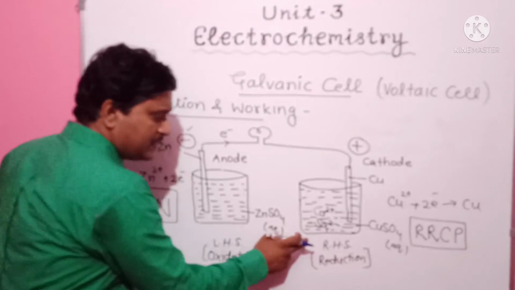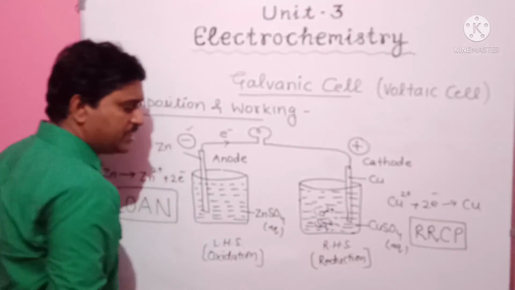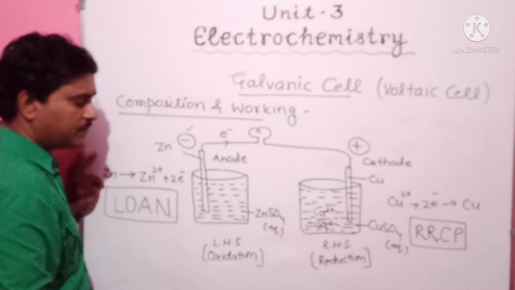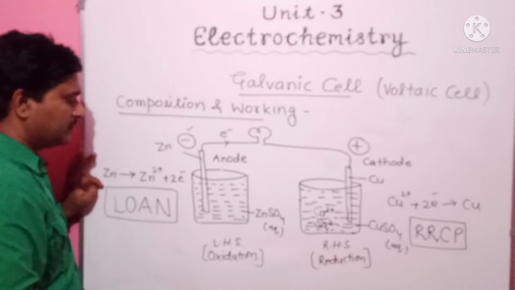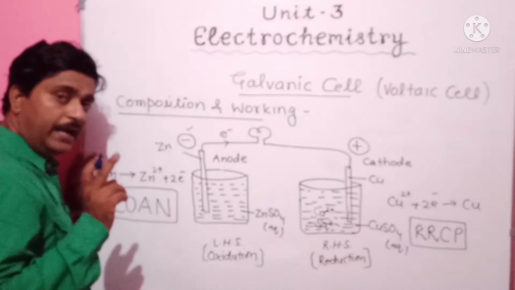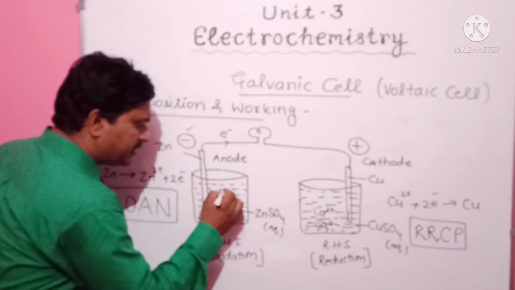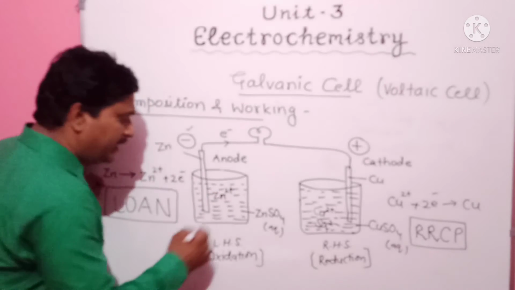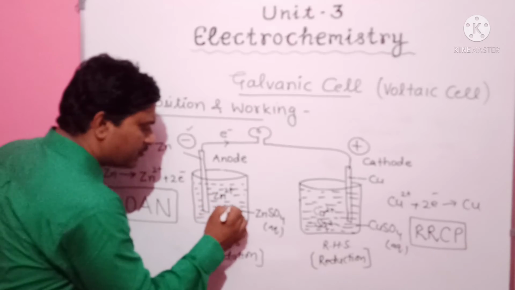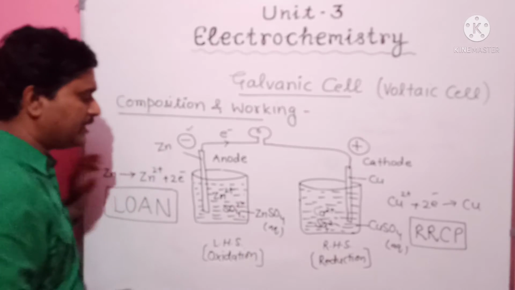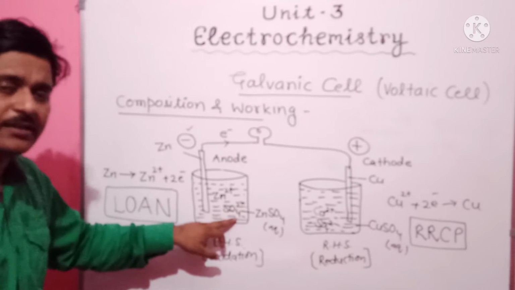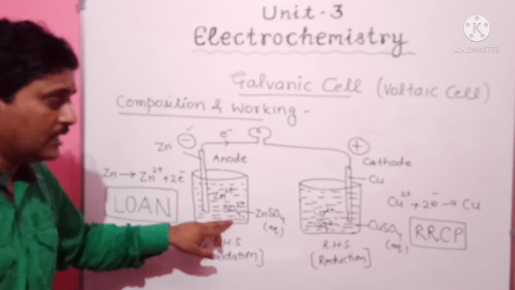Zinc sulfate is dissociated into zinc 2 positive ions and sulfate 2 negative ions, which are formed here in the electrolyte.